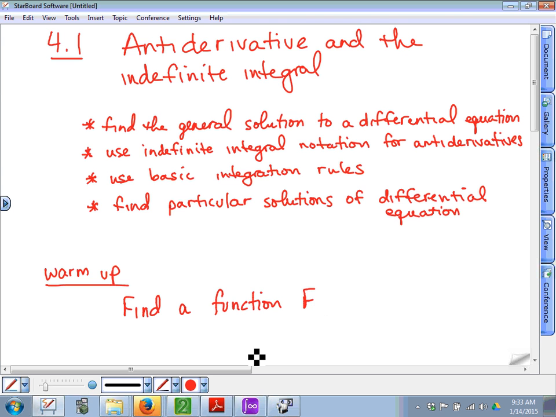Find a function capital F whose derivative is lowercase f of x equals 3x squared. Now that's probably not that hard to do.